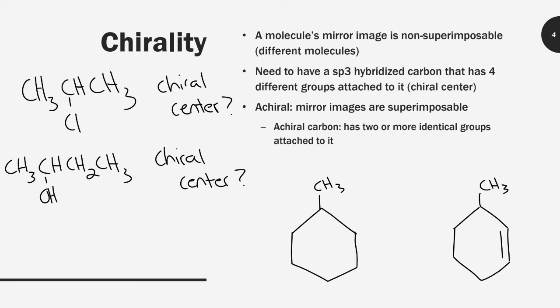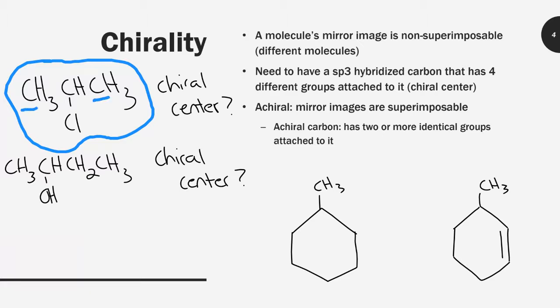So let's see. I have a few examples here on that. So this molecule here, I want to know if it has a chiral center. So you just go through the carbons and determine if it has 4 different groups attached to it.